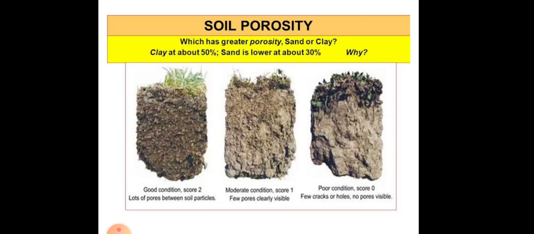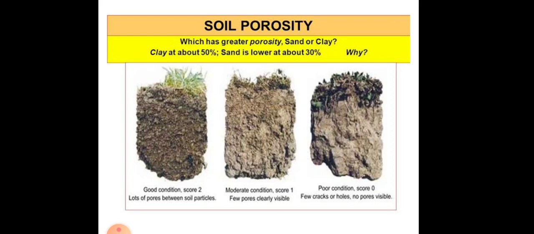The amount of pore space depends upon the arrangement of the solid particles, organic matter content, minerals, texture, depth of the soil, cultivation, and cropping pattern. So these are the different factors which are responsible for the porosity.